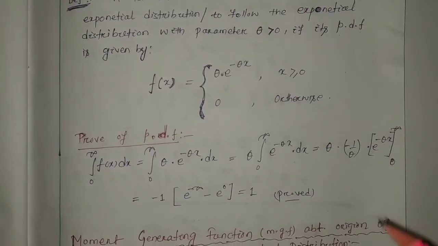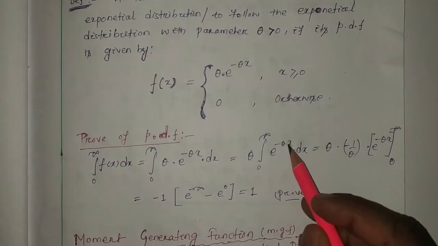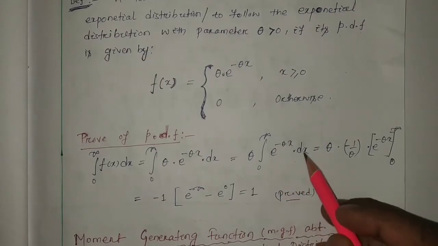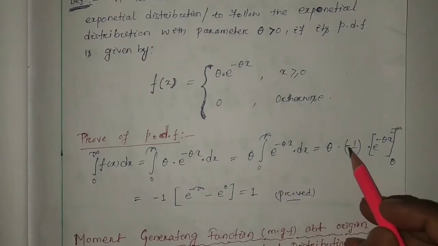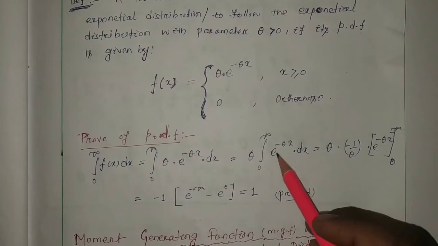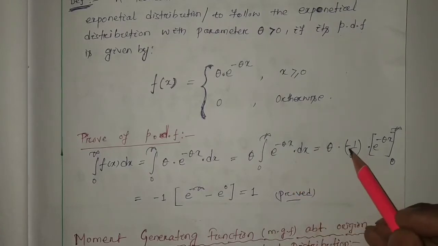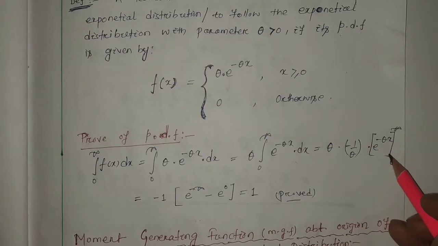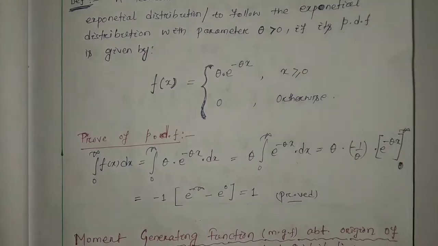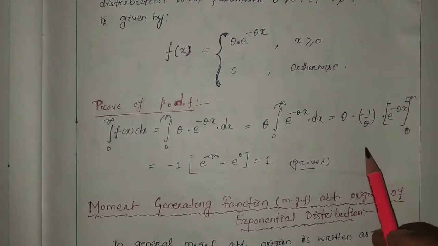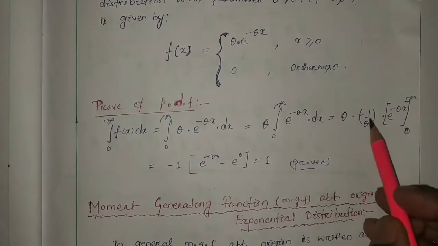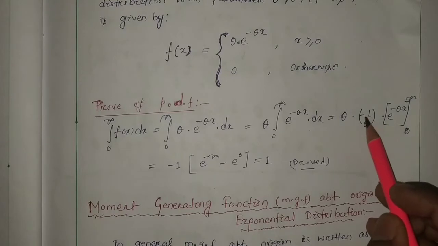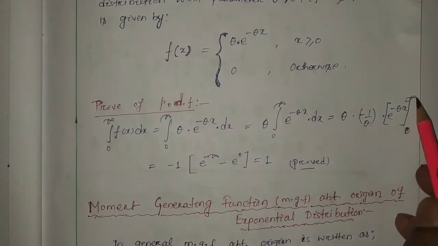Here the integration of e to the power minus theta x with respect to x will be minus 1 by theta into e to the power minus theta x. So minus 1 by theta is taken outside, into e to the power minus theta x, with limits 0 to infinity. Very simple. Here you can see that theta got cancelled. It will be minus 1, and we just put the limits.